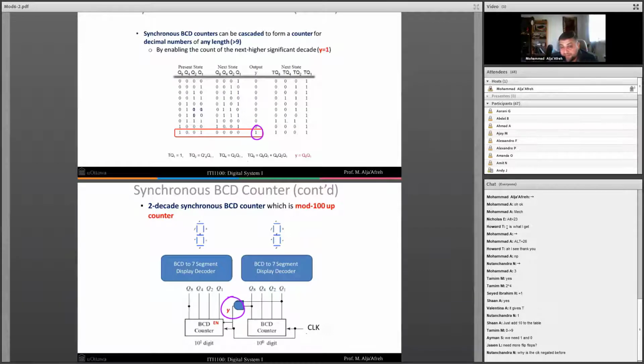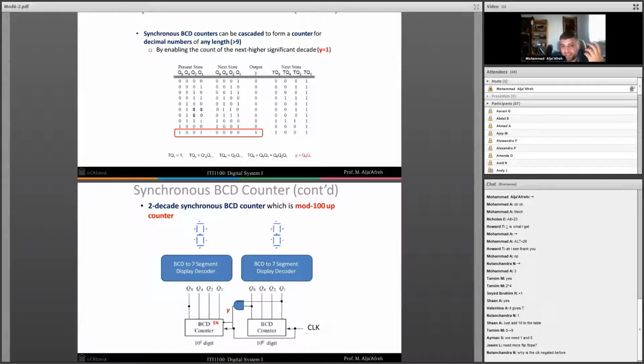So instead of bothering myself and writing a huge table, what you have to do is you cannot go to state 10, because remember, the 7 segment will not give you 2 digits. You need 2 7 segment displays in order to illustrate 2 digits.